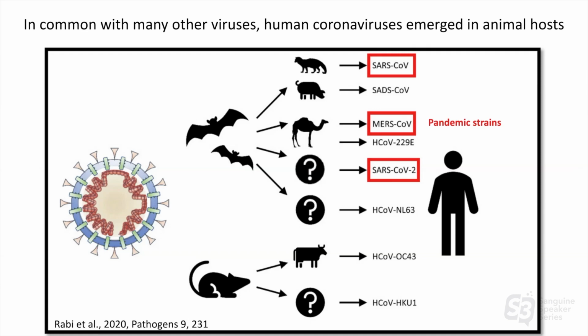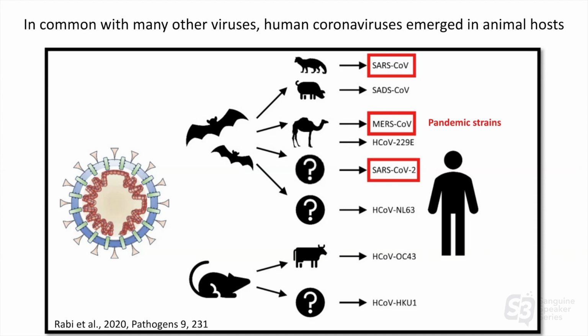Fortunately, these outbreaks died out, but they did cross over into humans. The really scary thing about these viruses is that they arise in animals. These are so-called zoonotic viruses that pass into humans, sometimes through a secondary host.